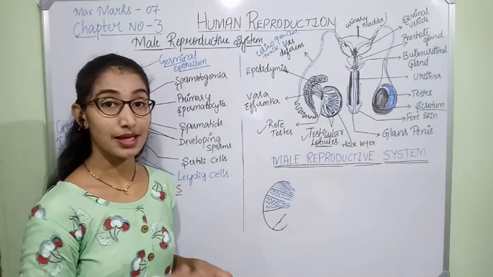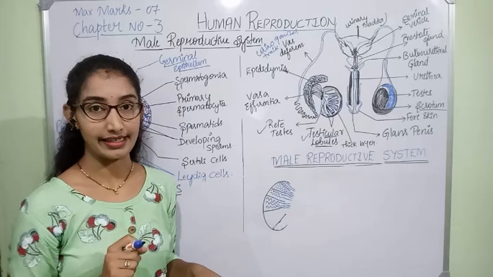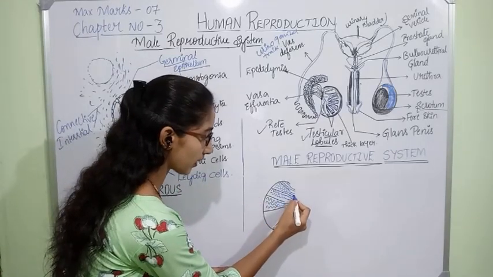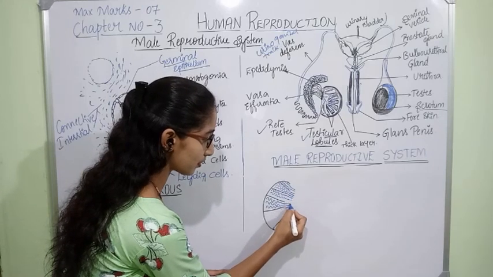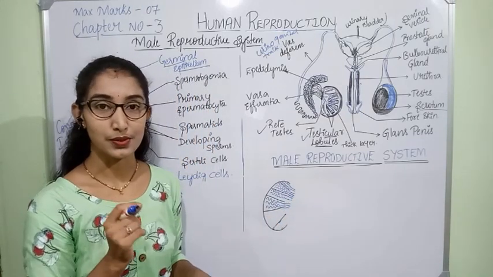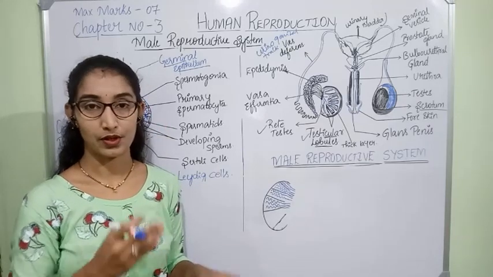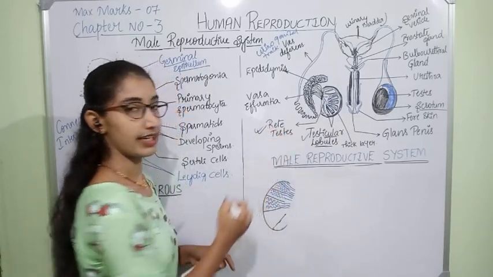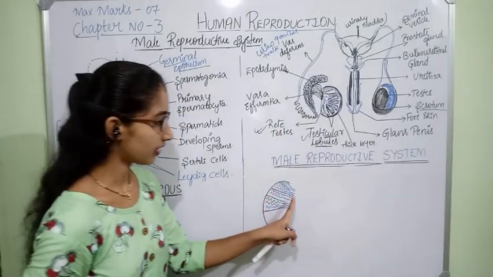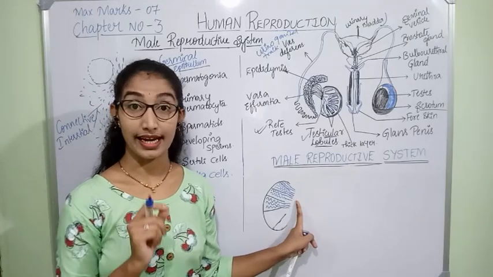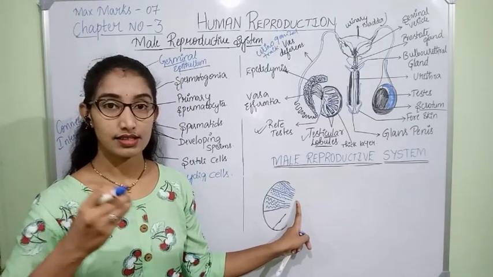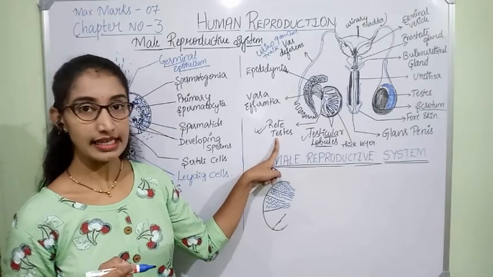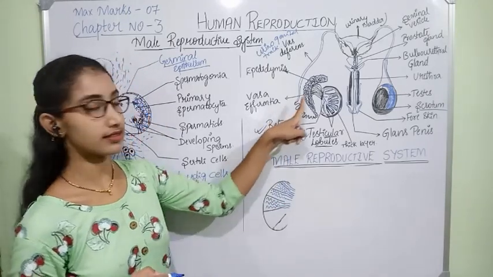Instead, the tubules become straight at their end, and these straight ends of the seminiferous tubules are connected to the next duct, which we call the rete testis. The seminiferous tubules end and release the sperms to the next duct, the rete testis.